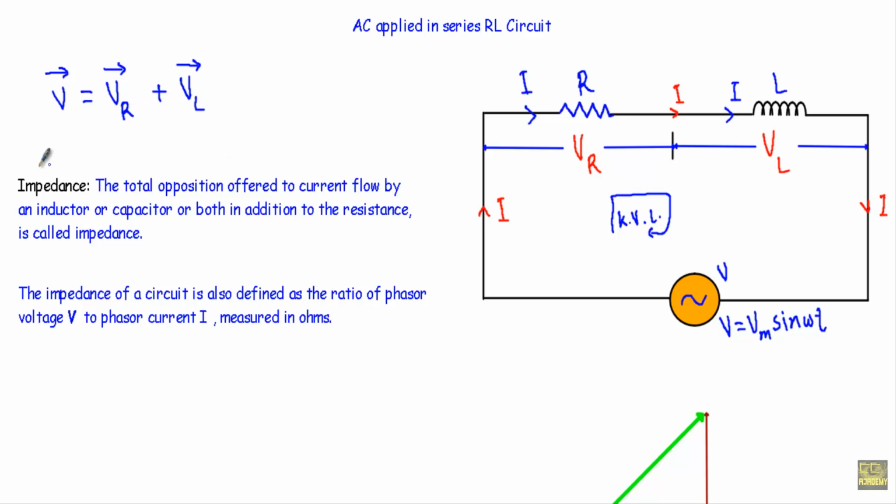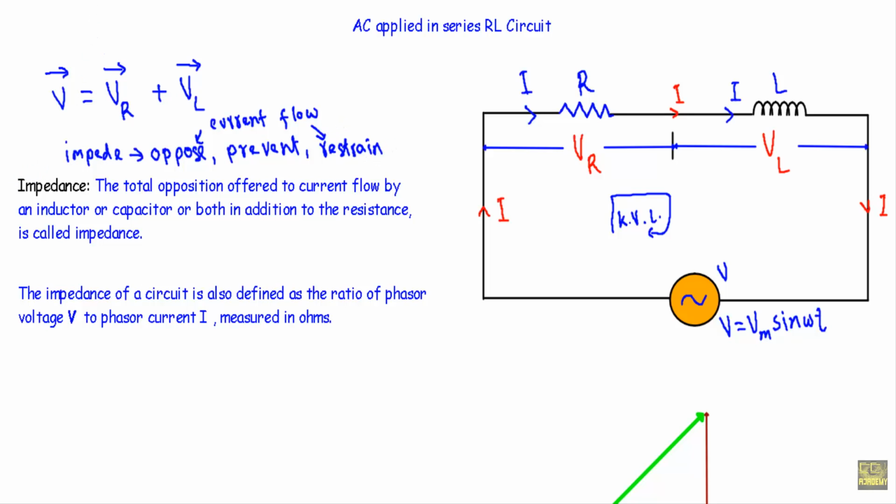Now let me talk about impedance. The word impede means oppose, prevent, or restrain. Impedance in a circuit provides opposition to current flow, or prevents current flowing in a circuit, or restrains the amount of current flow in a circuit.